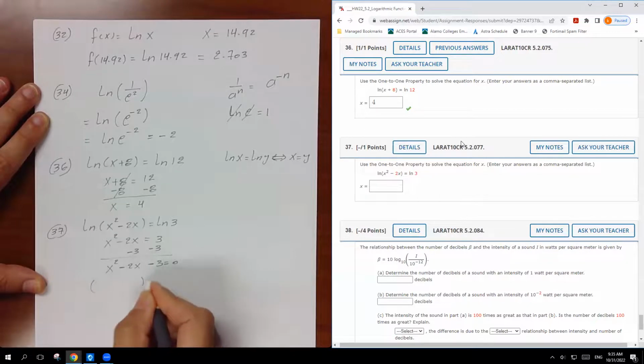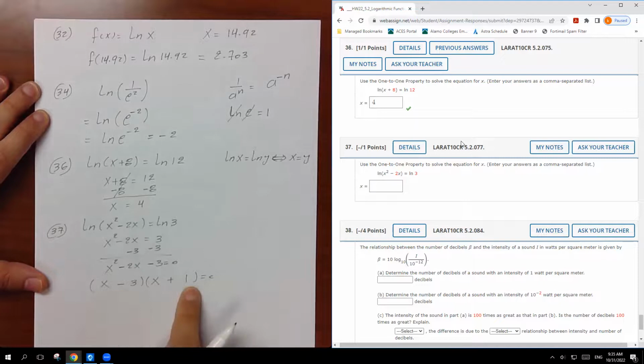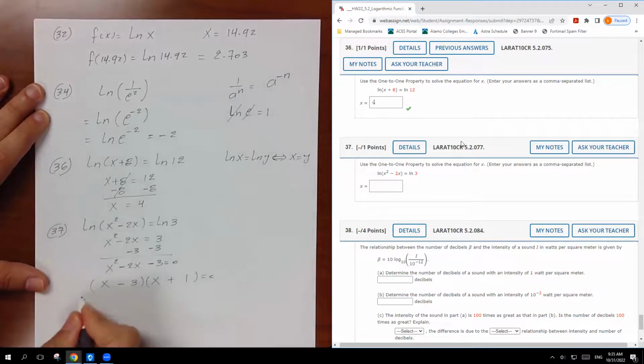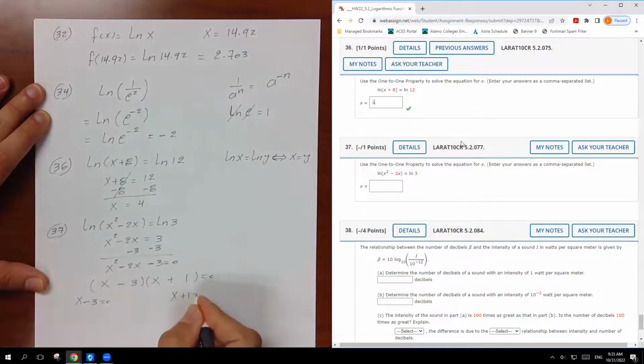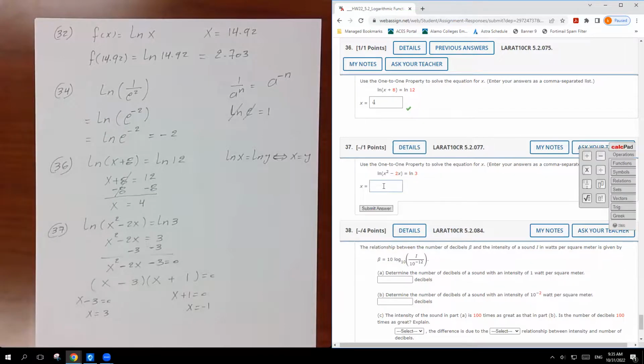Now we open two parentheses equals 0. Here is x and here is x. Here is a 3 and a 1 because 3 is only 3 times 1, so put negative here, positive here. It's going to be negative 3x and positive x, which is negative 2x. That means x minus 3 equals 0 and x plus 1 equals 0. So x is equal to 3 and x is equal to negative 1. So we have two solutions here, 3 and negative 1.